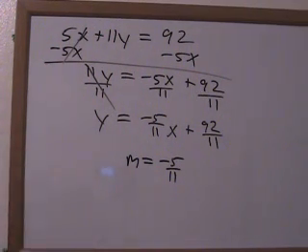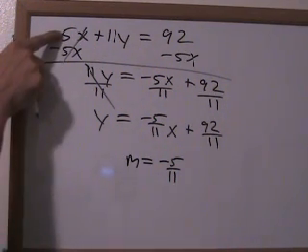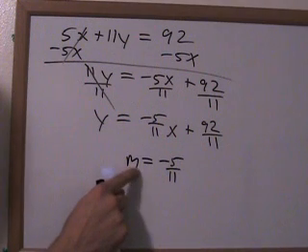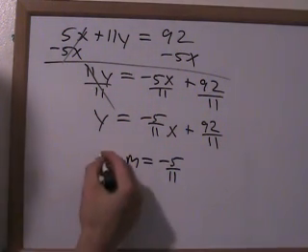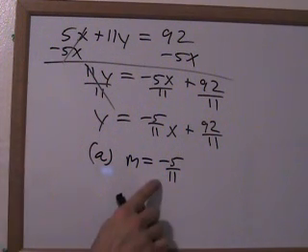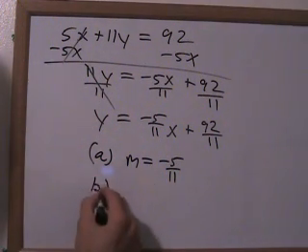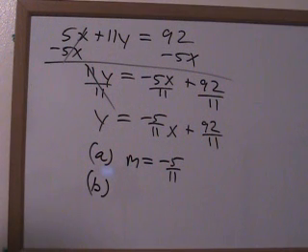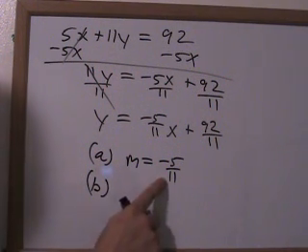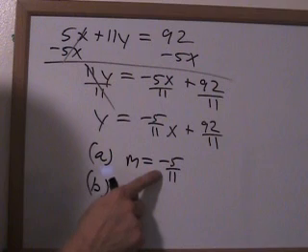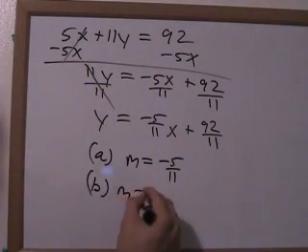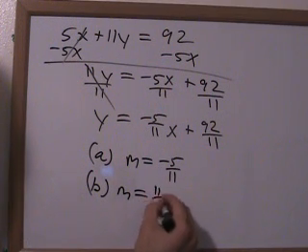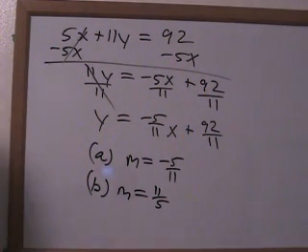For part A, we're supposed to write an equation that is parallel to this one, so we're going to use this slope because we are parallel. For part B, notice it says perpendicular. So what do I have to do to this slope to have something perpendicular? You turn it upside down and switch the sign. So for part B, the slope I'm going to use is positive 11 over 5.